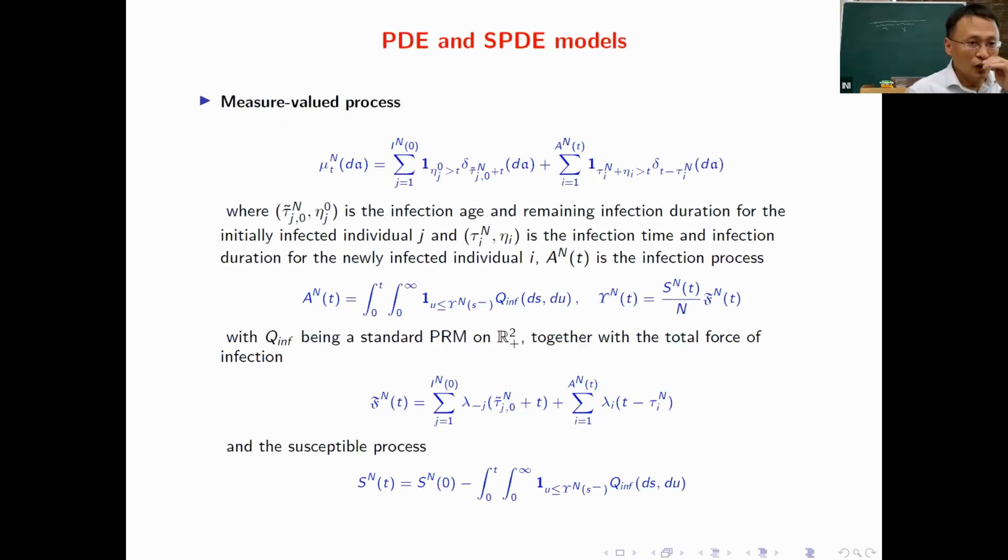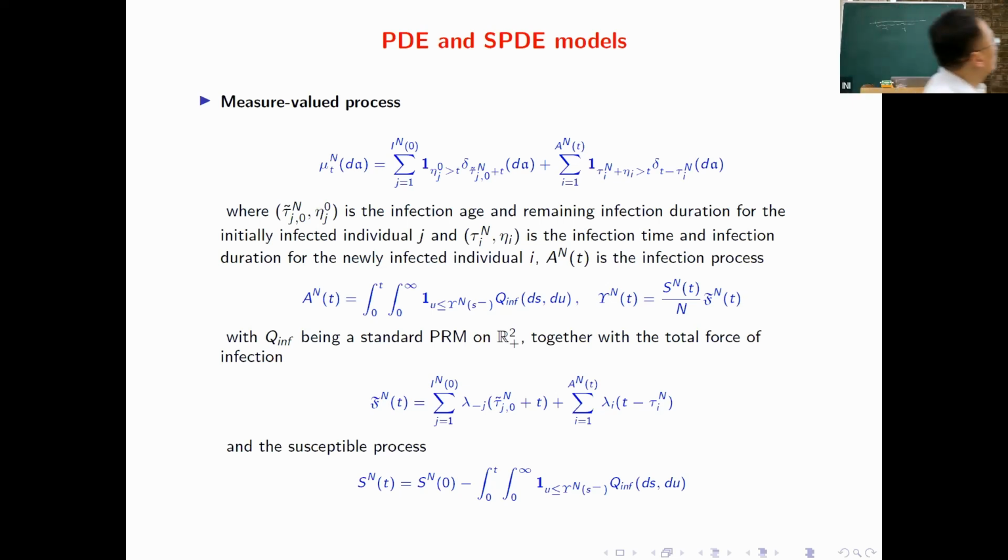Okay, so now we get to where we get the SPDE limits. We consider a more detailed model. We use a measure valued process. We track the age of infection for each individual. So we use this measure valued process mu_t. That's basically looking at the distribution, at each time t, of infected individuals over the infection ages.